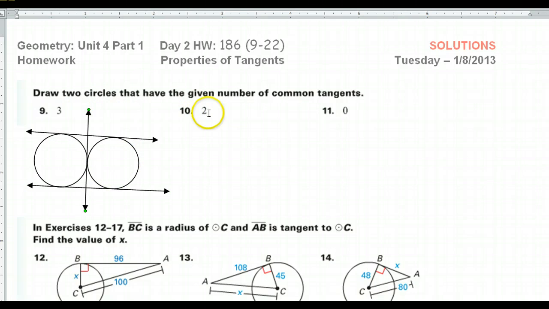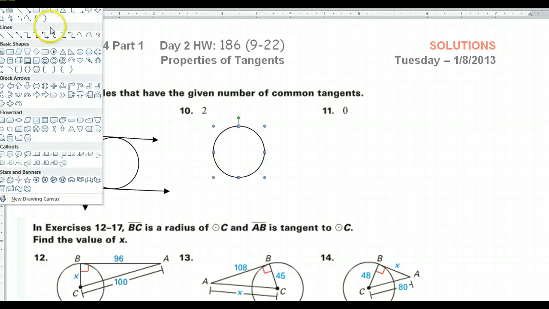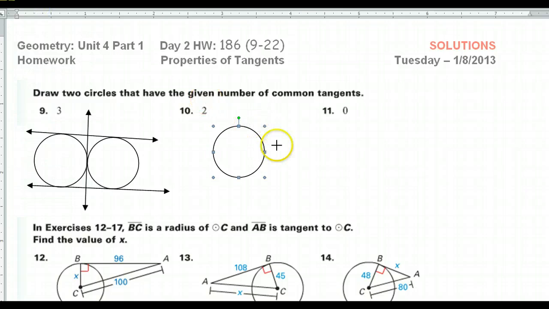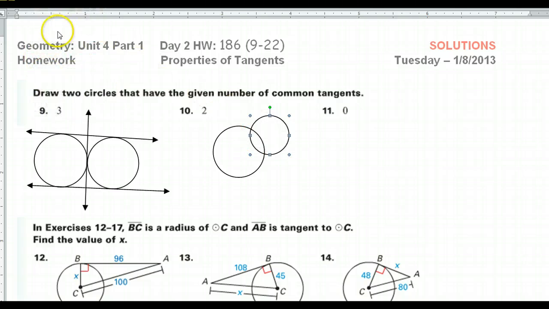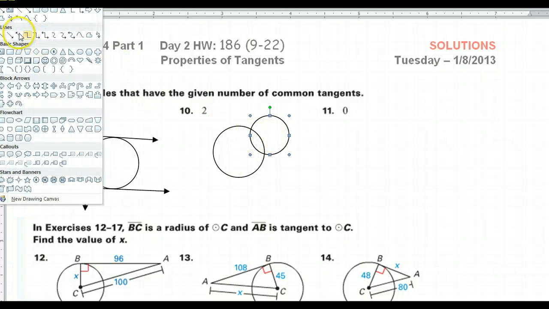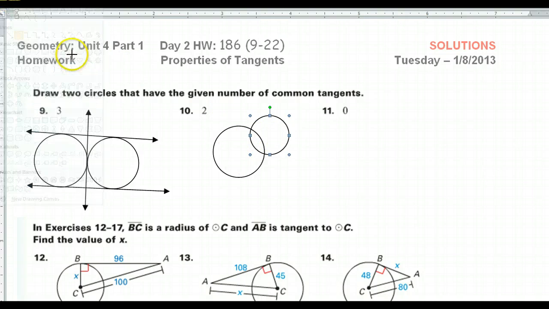If I want two circles that have 2 common tangents, like it says for number 10, then what I'm going to do is have 2 overlapping circles, because that will eliminate the possibility of a common tangent on the inside, in the middle. So if I have 2 circles that overlap, sort of like that, then I will still have the outer common tangents.